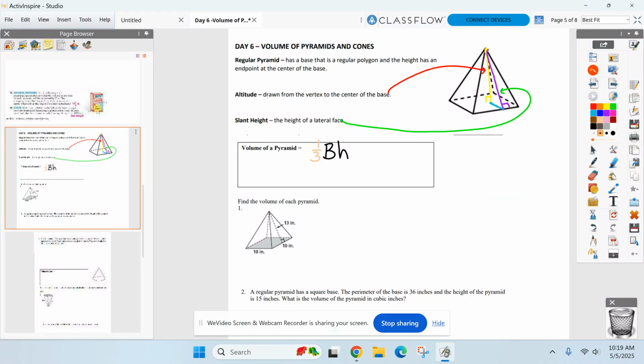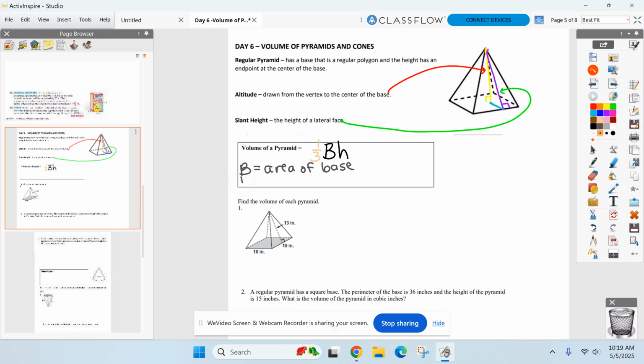Reminder, since I know we had a lot of heads out on Friday, capital B is the area of the base. And in any of the pyramids we do, assume the base is regular.